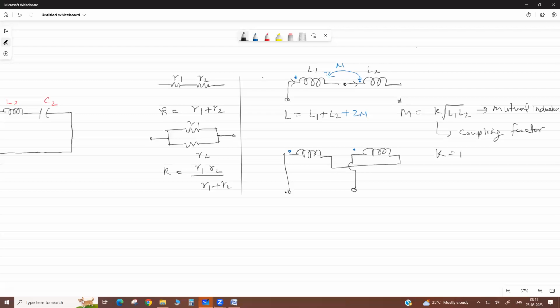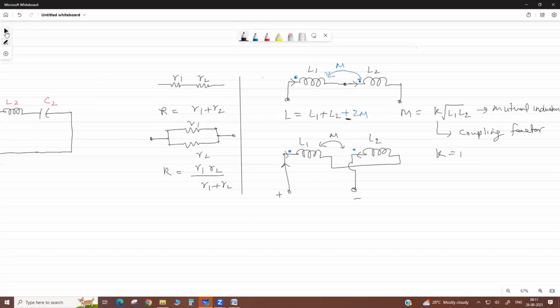The current enters coil 1 at the dot, but in coil 2 it exits at the dot. Then the mutual inductance between these two, M, comes negative. Clear?